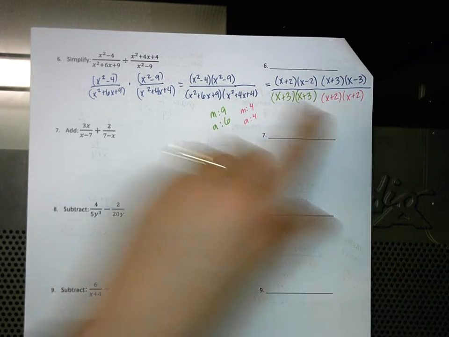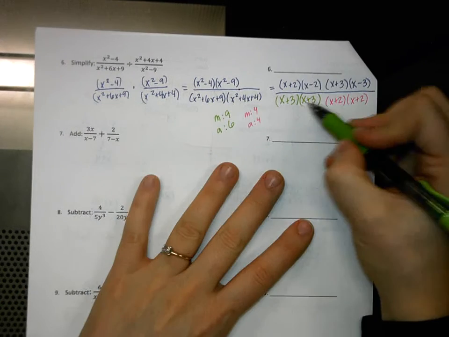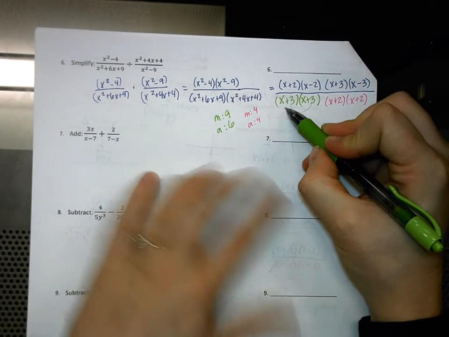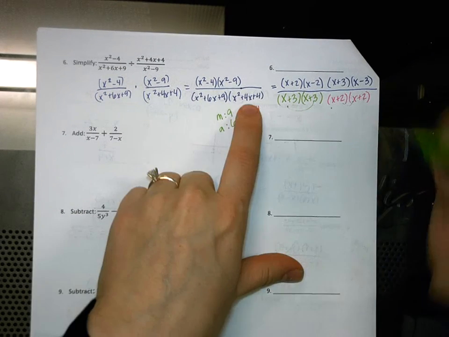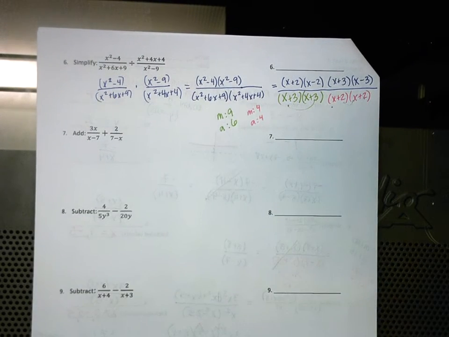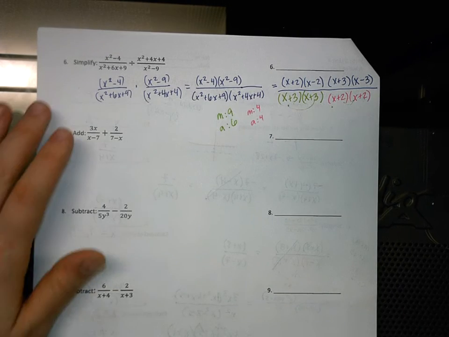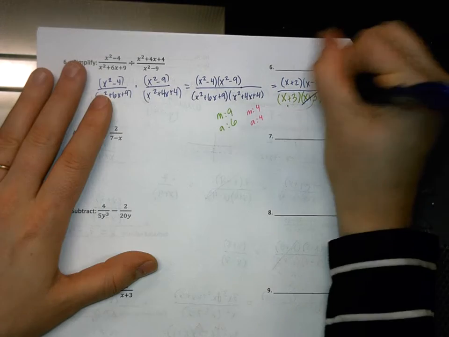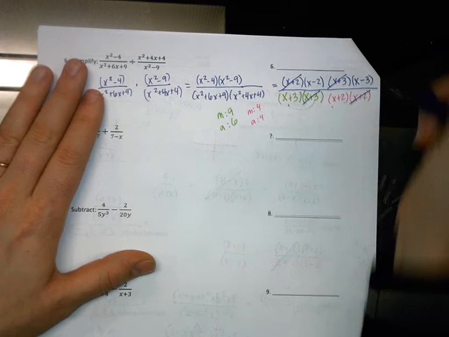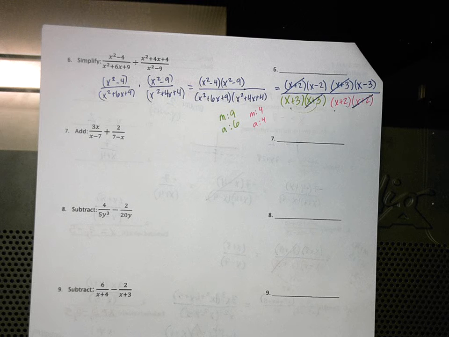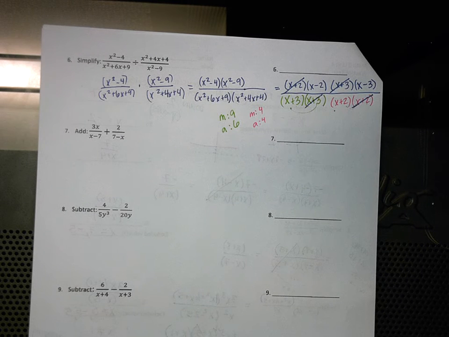Let's check those. 3x plus 3x is 6x. That's good. 2x plus 2x is 4x. All right. X plus 3 over x plus 3 reduces. X plus 2 over x plus 2 reduces. Can I factor out negatives from my numerator?